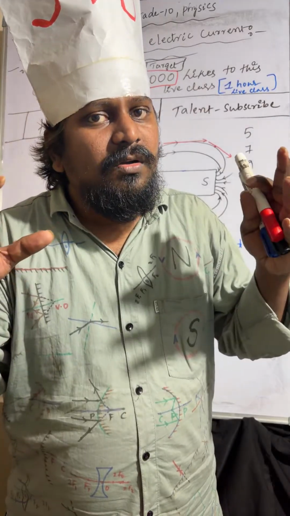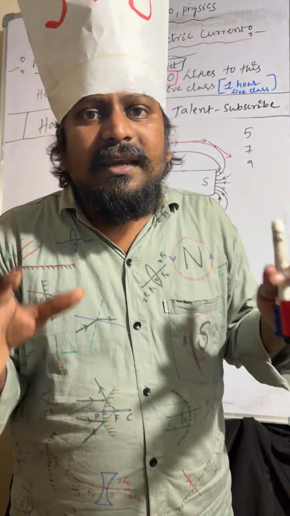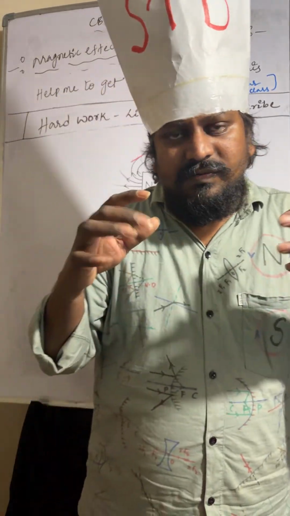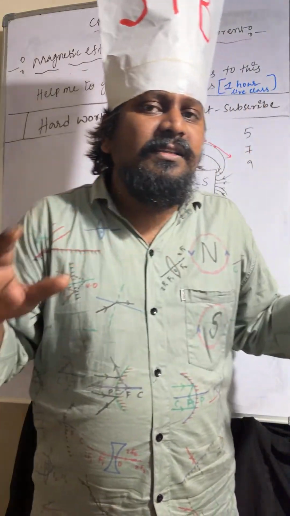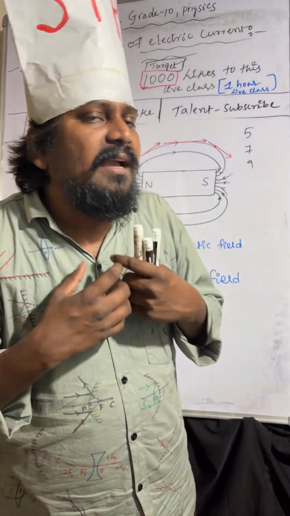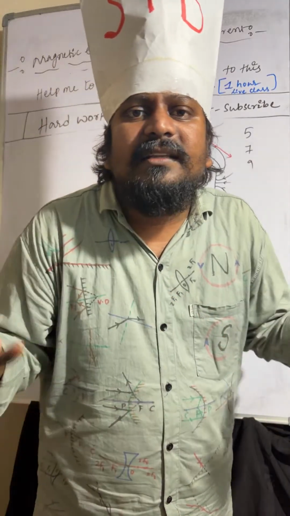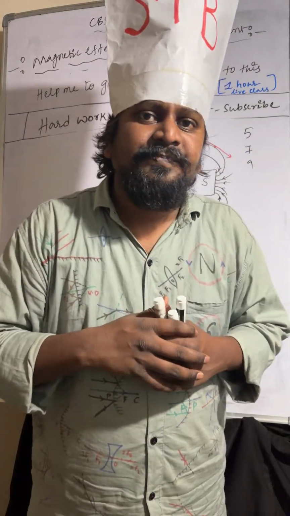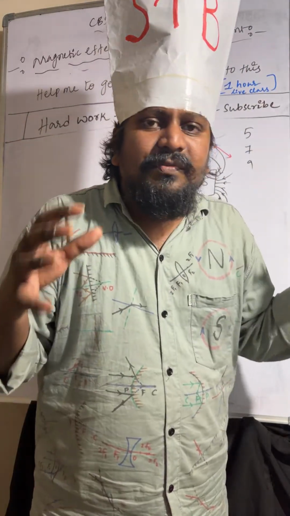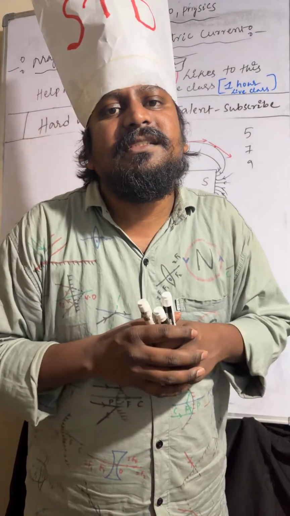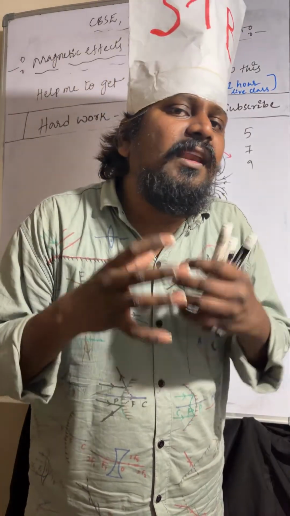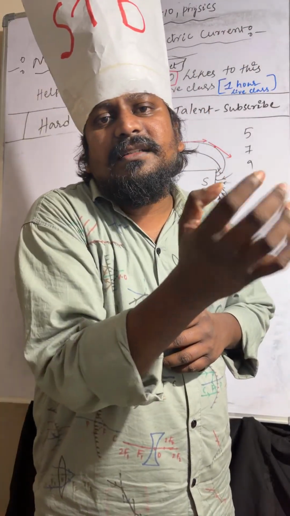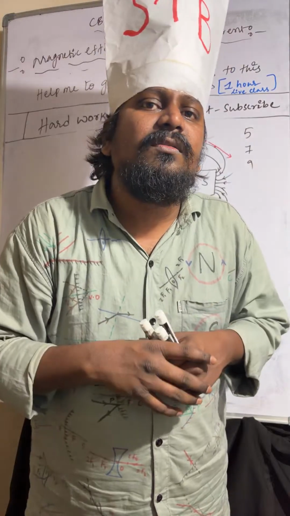So this is about magnetic field lines. First, magnetic field: the region around the magnet in which magnetic force is exerted is called the magnetic field. The magnetic field will be in the form of field lines, emerging out from north and merging at south.